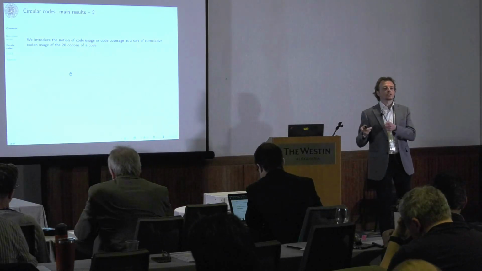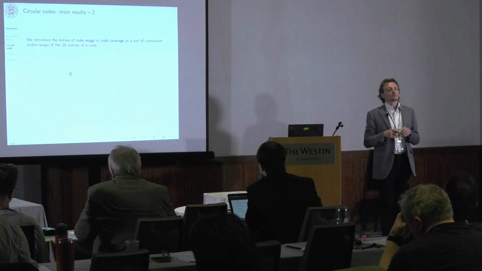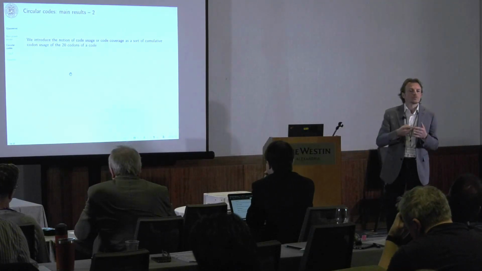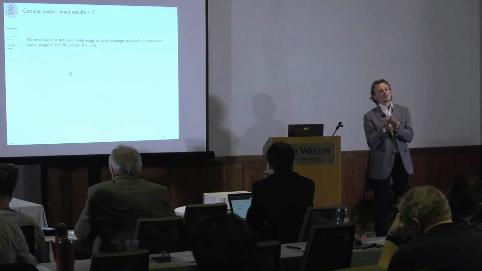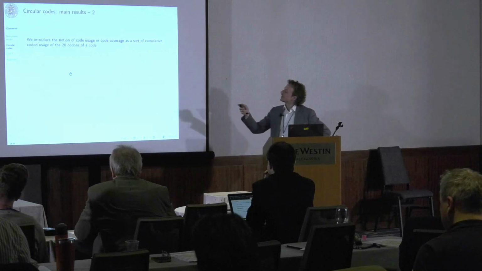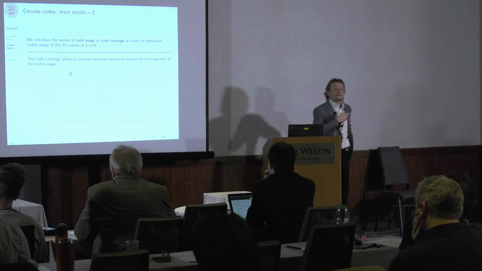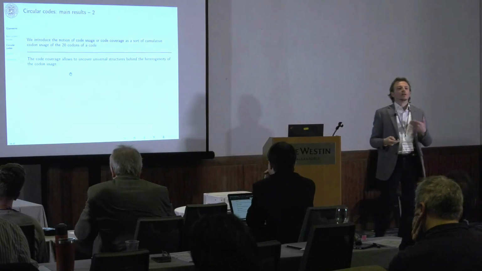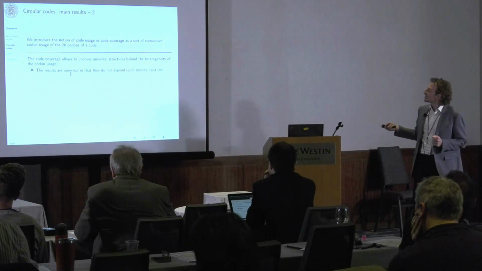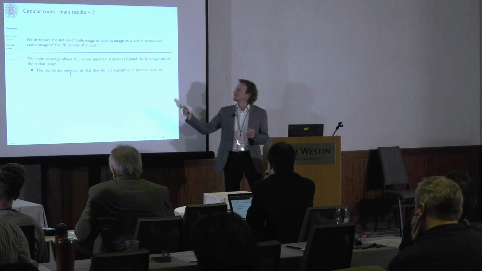The codon usage is just the usage of a single codon. The code usage is the usage of the 20 codons of a code together. By using the notion of code usage, we were able to reveal universal structures behind the heterogeneity of the codon usage. These are universal in that they do not depend upon species and so on.